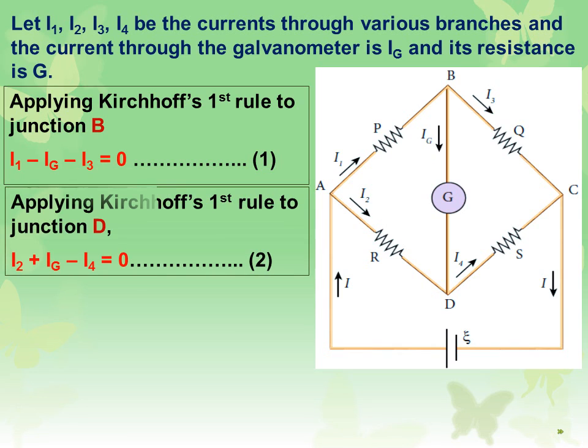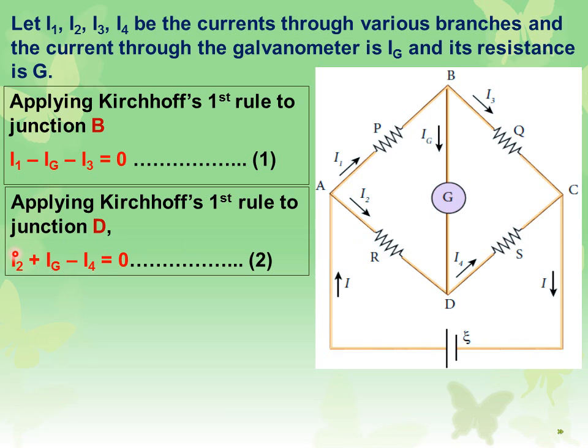Second, applying Kirchhoff's first rule to the junction D. Here we receive positive current from I2, and at this terminal we receive the positive current from G because it already received the positive current from I1, so Ig is a positive current.